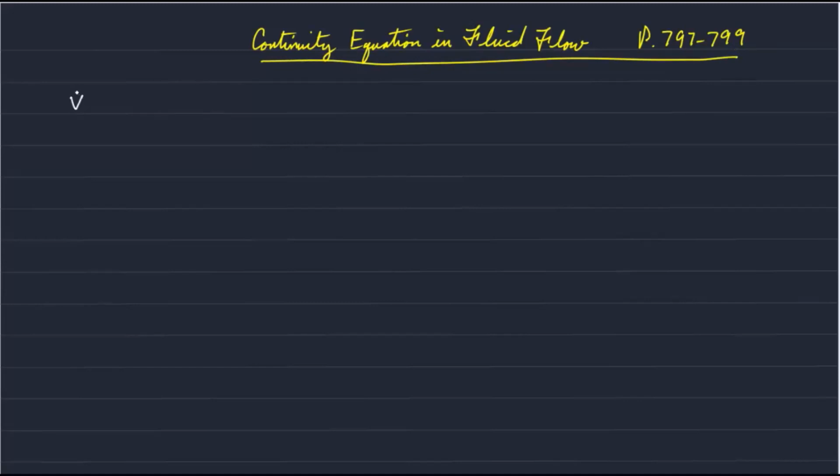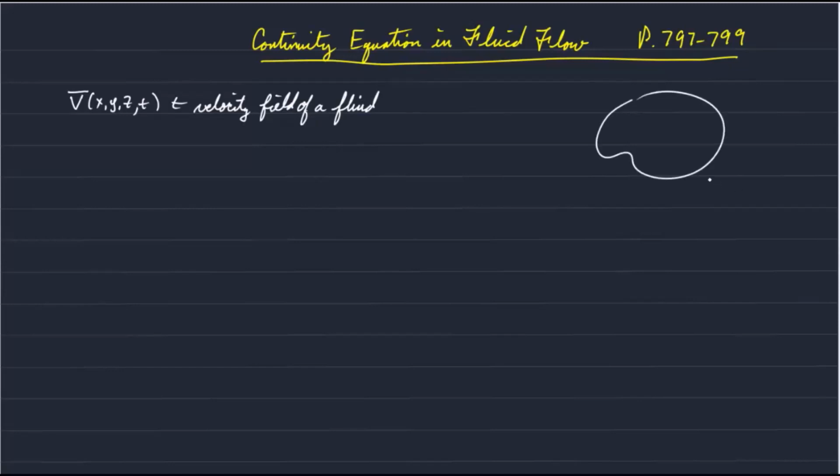So in this context, V, which can vary in space, x, y, z, as well as time, is the velocity field of a fluid. And again, we have a stationary control volume.